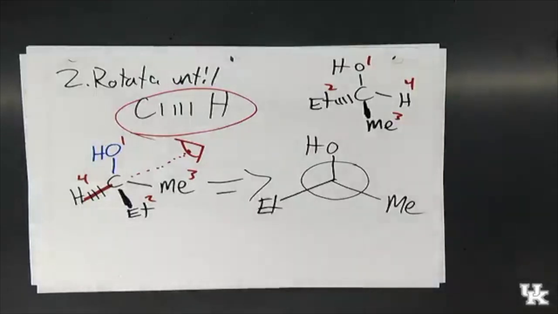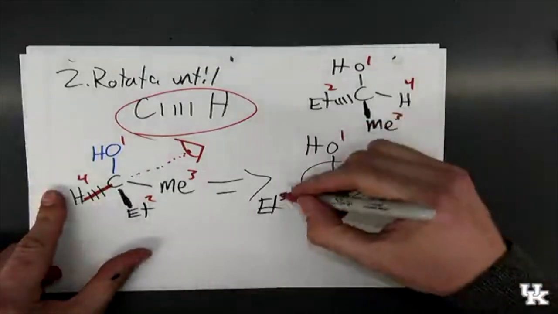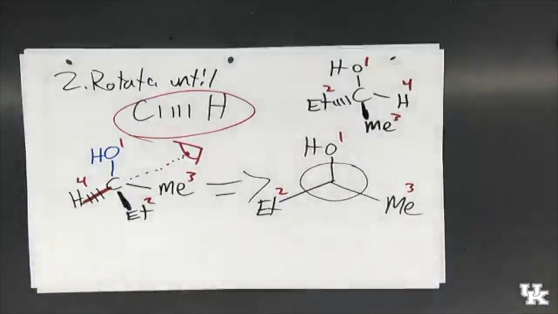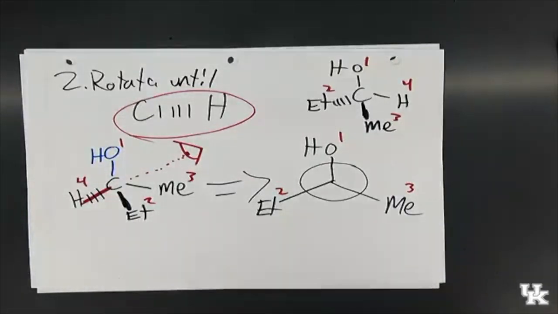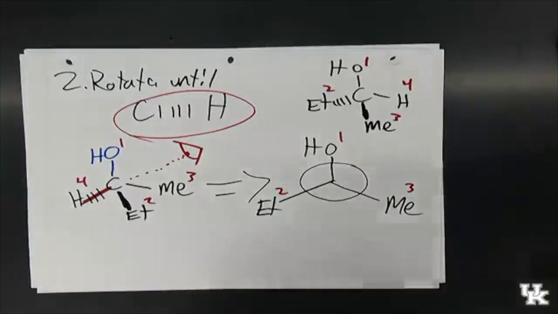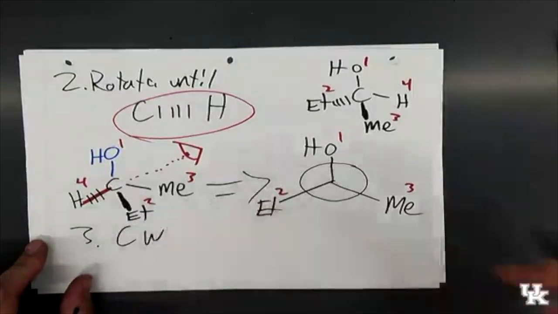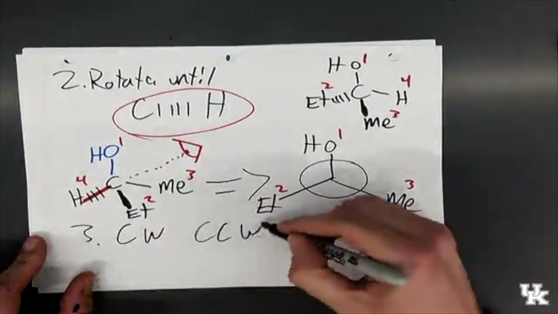So now we have these guys. We reassign the priority, 1, 2, and 3. And now we come to the 3rd step. And this is why being sure you can visualize in your head how to rotate things is very important. Because the 3rd step is to assign clockwise rotation or counterclockwise rotation.